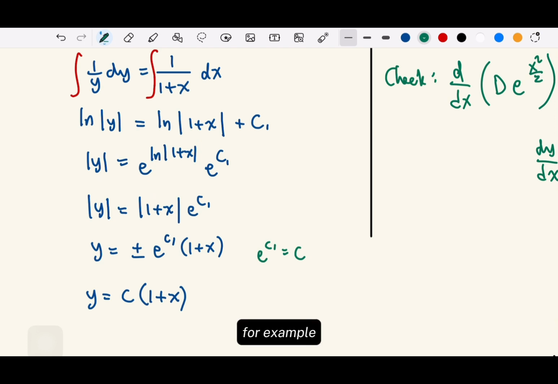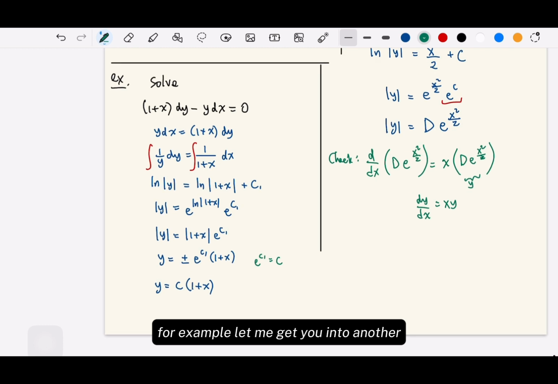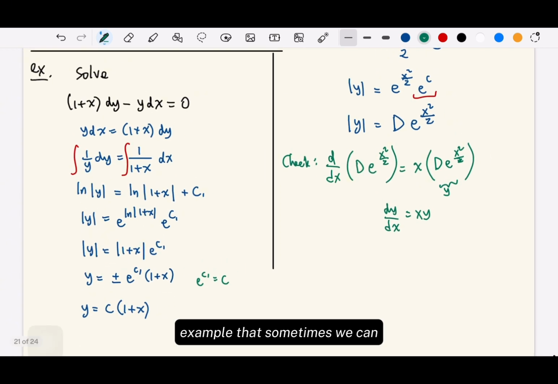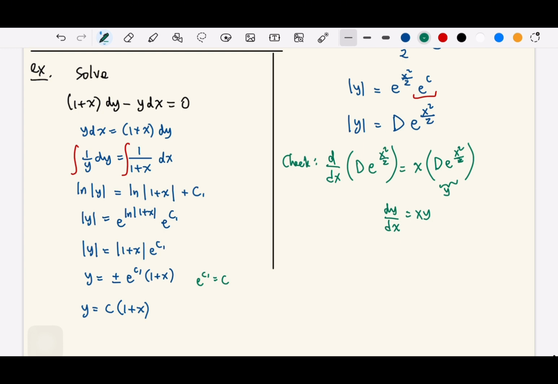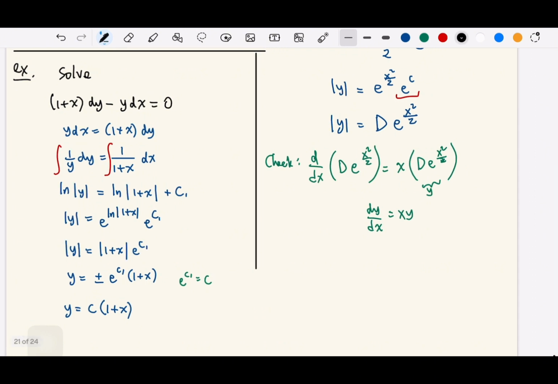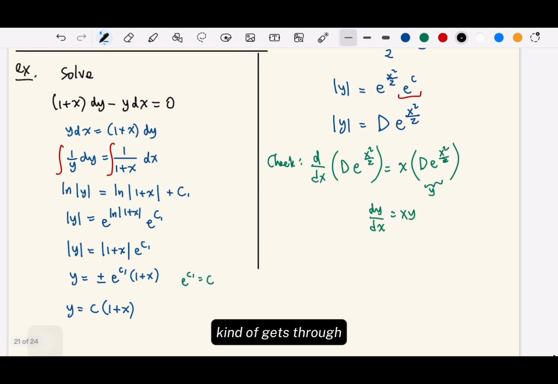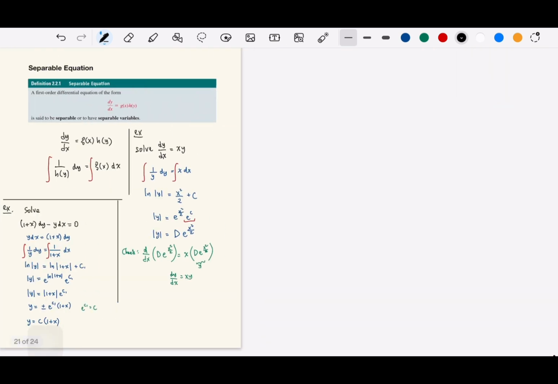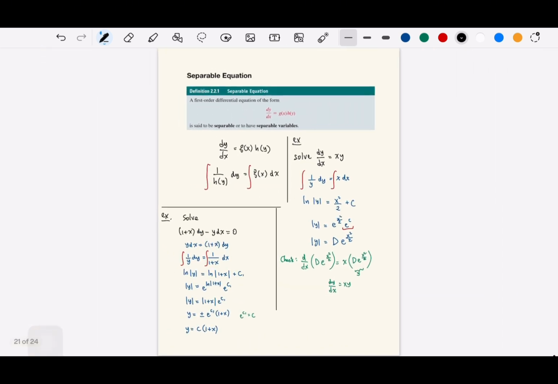For example, let me get you into another example where sometimes we could end up losing a solution. Okay, let's get through.